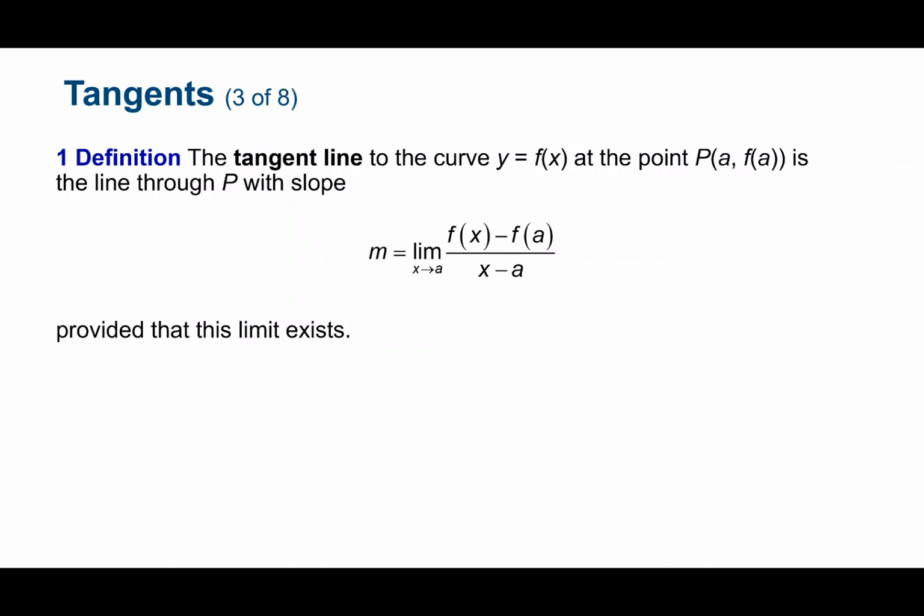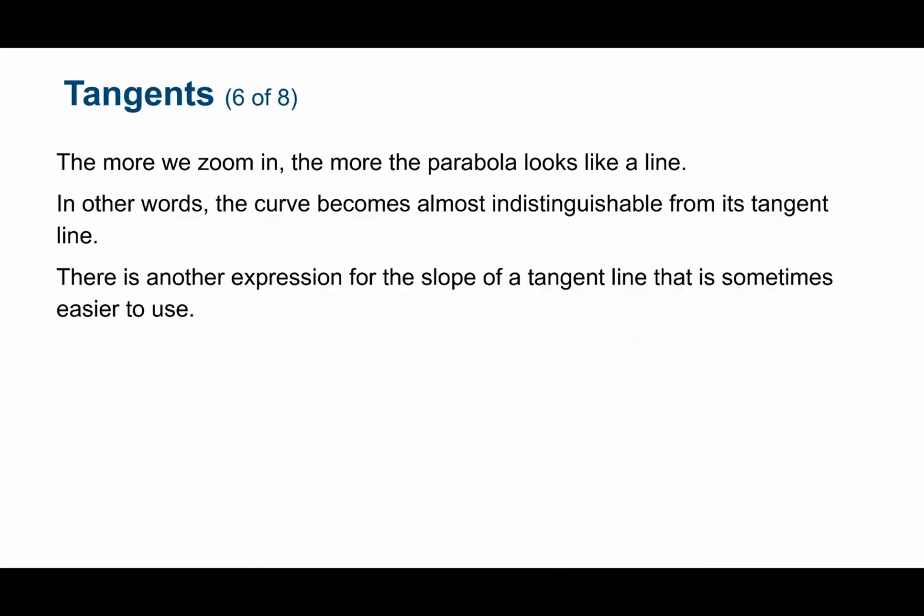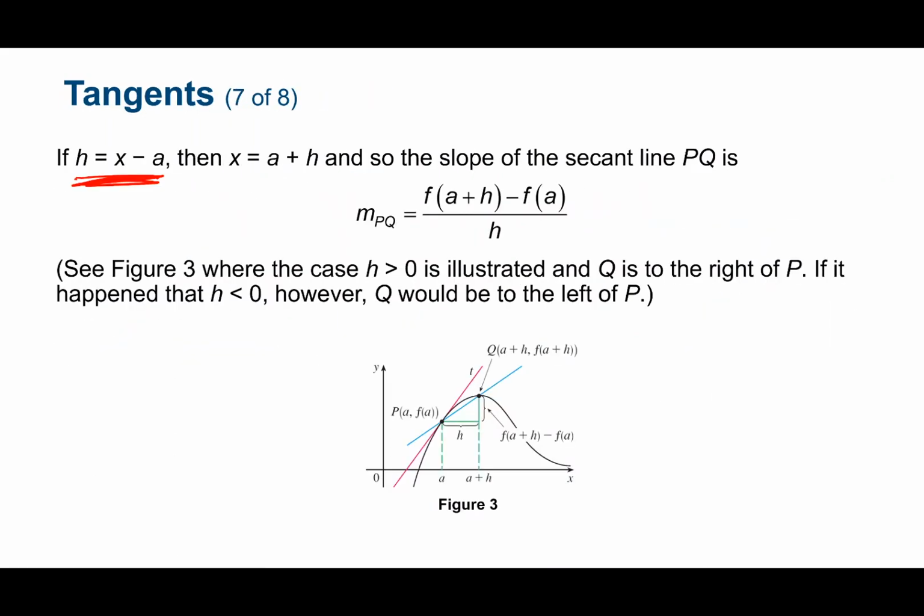Or we've got that second definition where we're just calling the x minus a part, that distance, h. So then we've got the two y values. One would be f of a plus h, and another would be f of a. See the relationship there. And then that way we can just think about the denominator going to 0 instead of approaching some number.